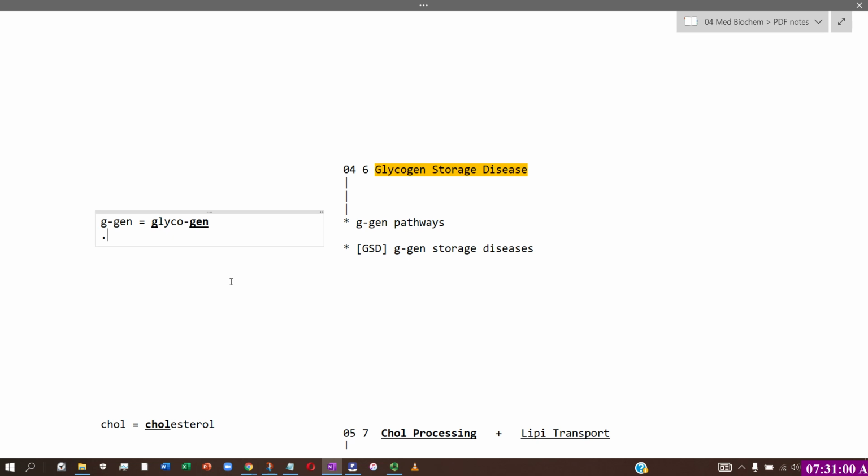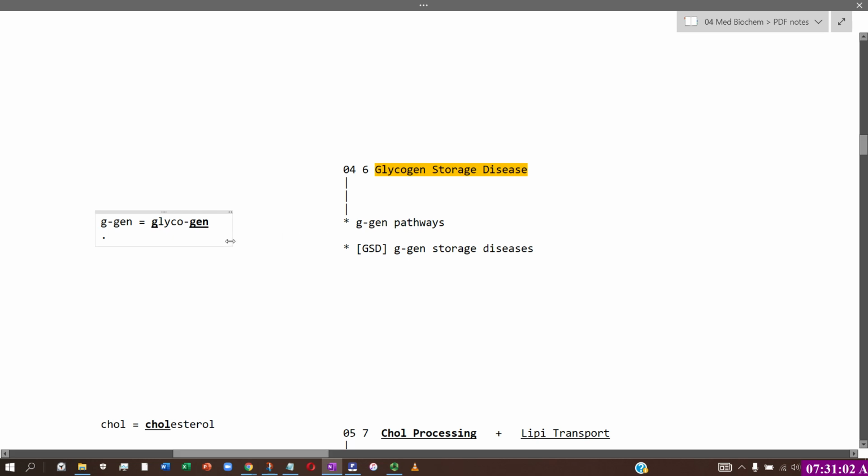A lot of wording in chemistry and biology tends to be confusing. So when it comes to glycogen pathways, that topic is being addressed here. And then you have something called GSD, glycogen storage diseases.